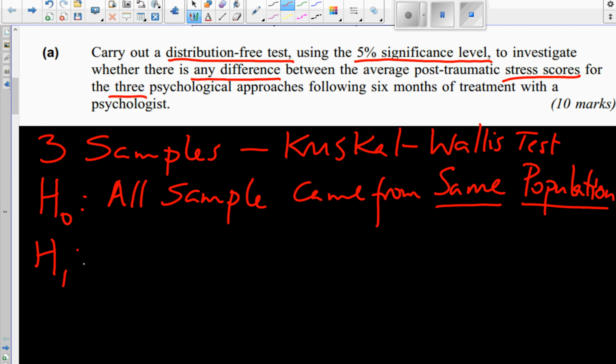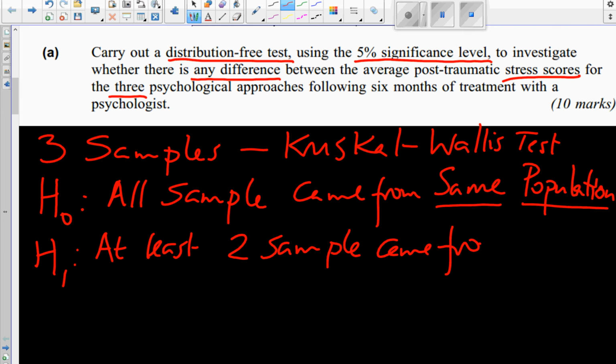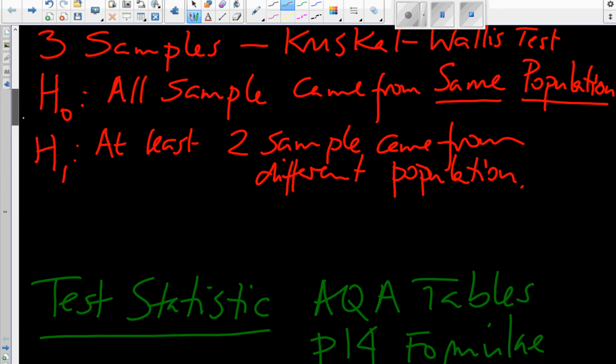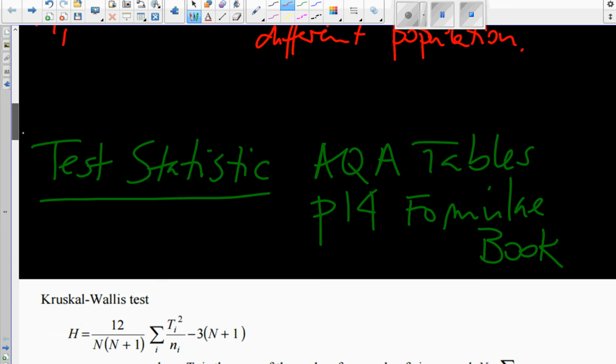Now H1 is going to be the opposite of that, but in a Kruskal-Wallis you actually only need there to be 2 samples that are different. So the H1 is that at least 2 samples came from different populations. So that's pretty quick. There's not a lot of decisions to make in Kruskal-Wallis because one's the same and the other is they're not all the same, therefore at least 2 are different.